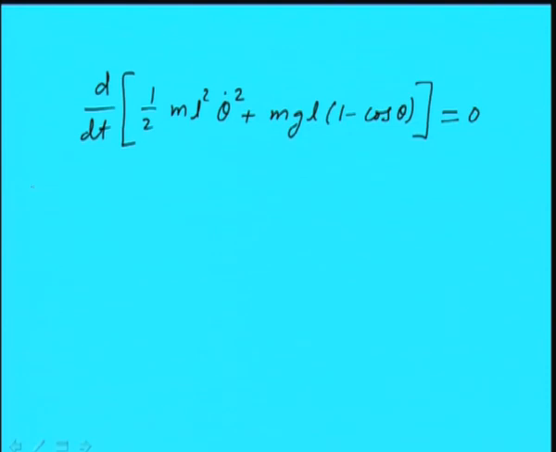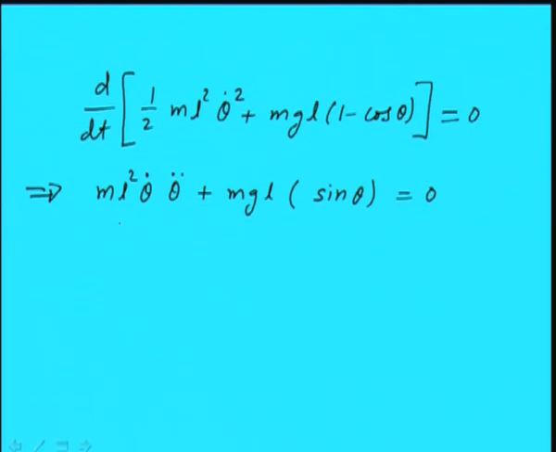So if you differentiate, we will get ml square theta dot theta double dot plus mgL sin theta, because minus will get cancelled, is equal to 0.